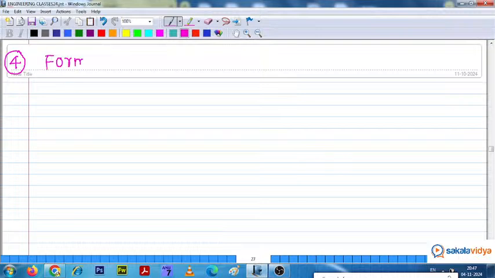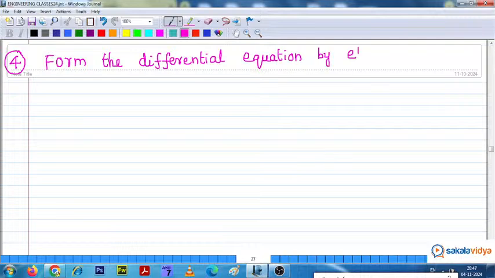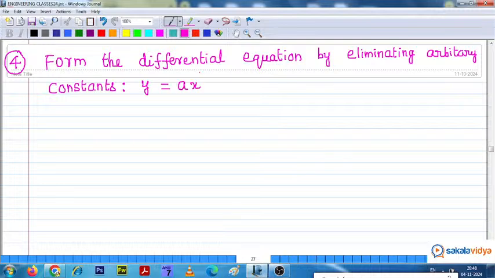Form the differential equation by eliminating arbitrary constants: y equals ax cube plus bx square.